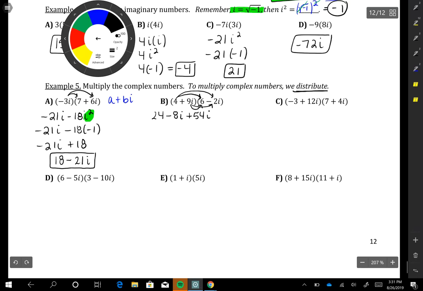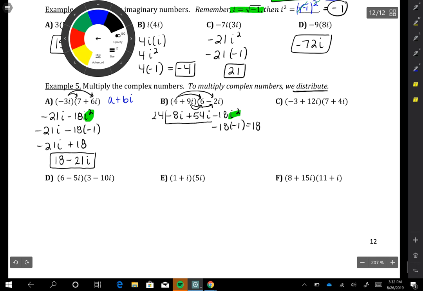And 9i times -2i is -18i squared. That's another i squared situation. So remember, we need to change that to a -1. So that's -18 times -1, which we know is +18.